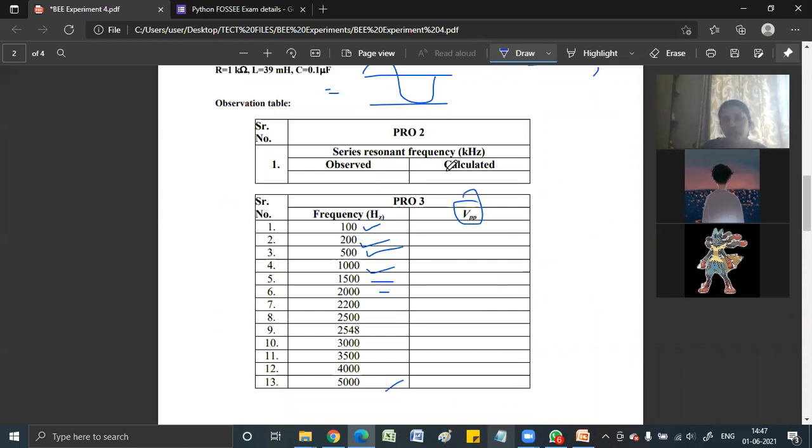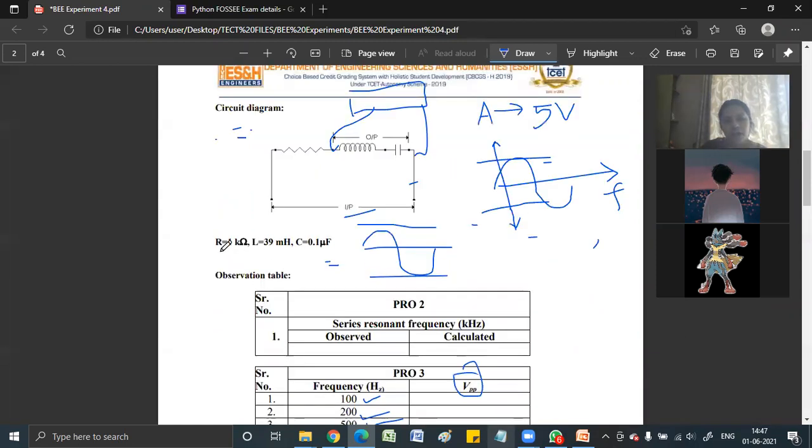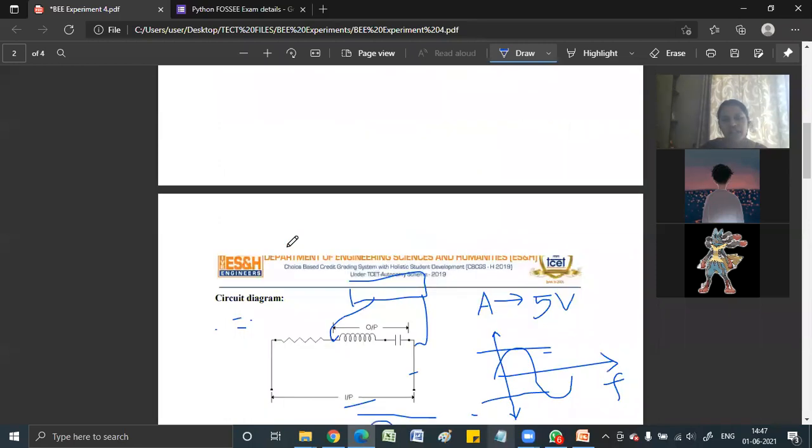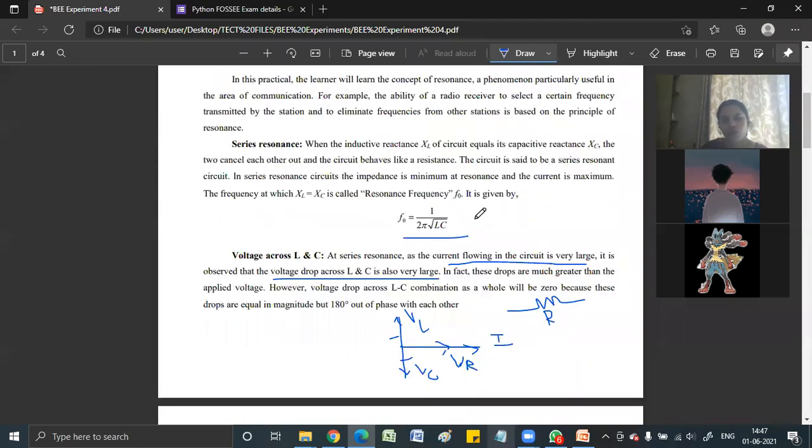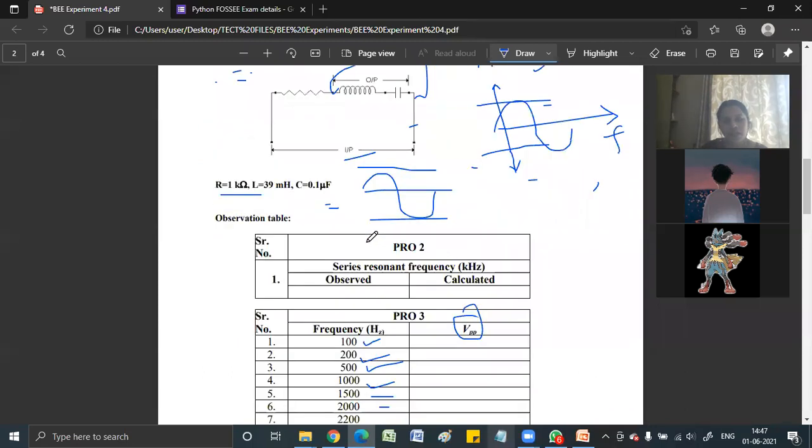Can anyone calculate? I have the R value as 1K, L is 39 millihenry, C is 0.1 microfarad. What is the formula for resonant frequency? 1 upon 2 pi root LC. Yes, can you put this L and C? L is 39 millihenry, that is 39 into 10 raised to minus 3, and C is 0.1 into 10 power minus 6.